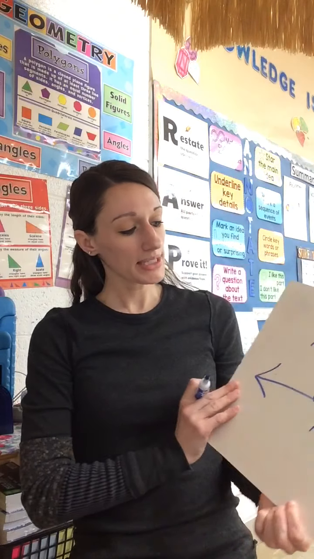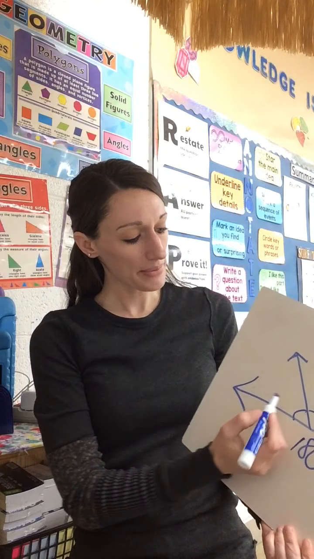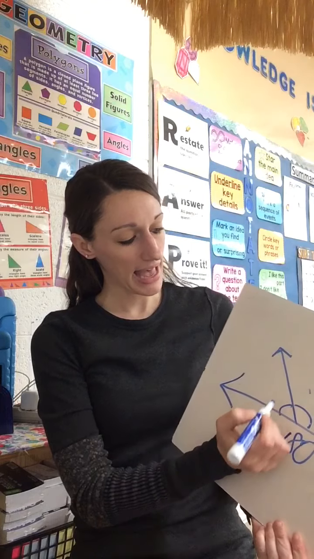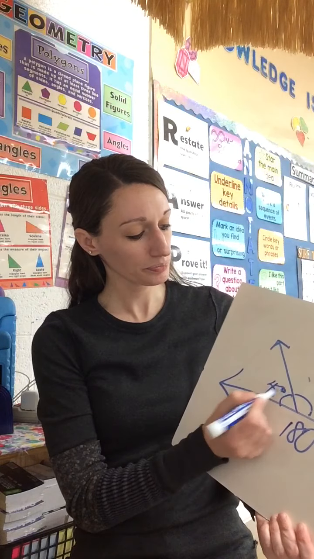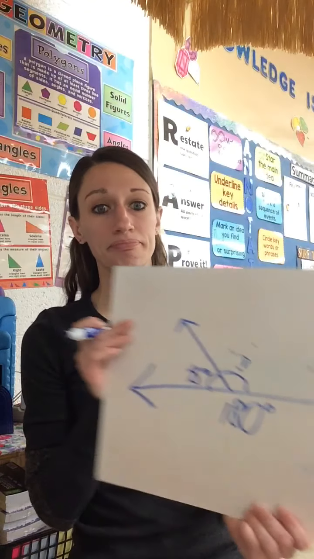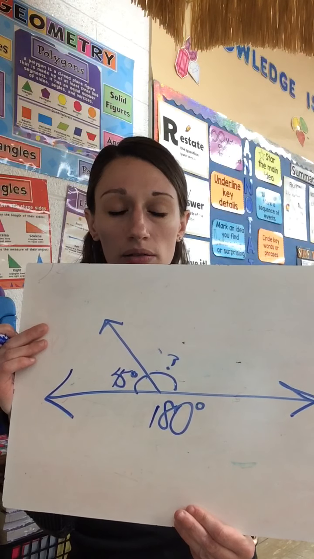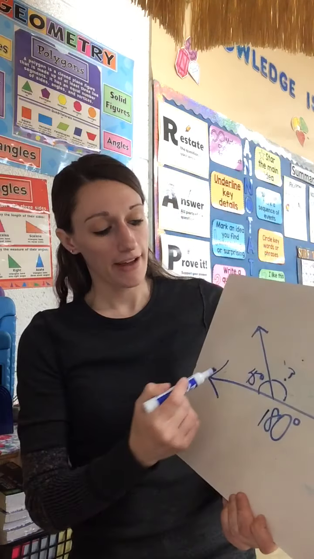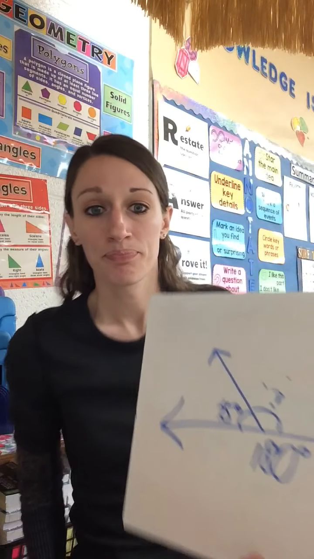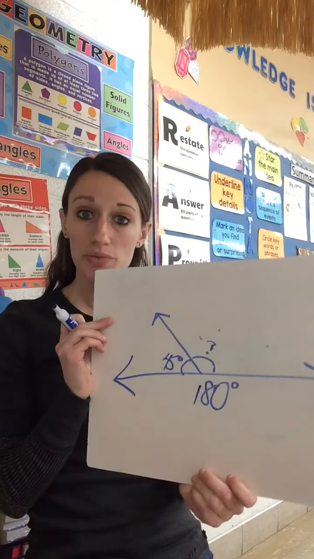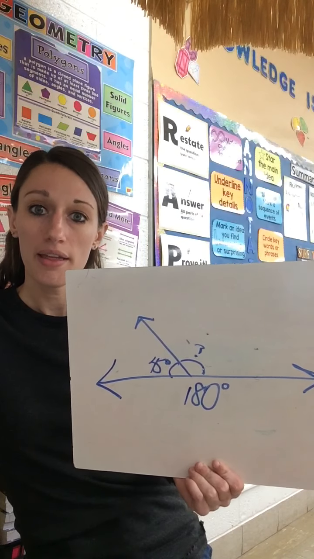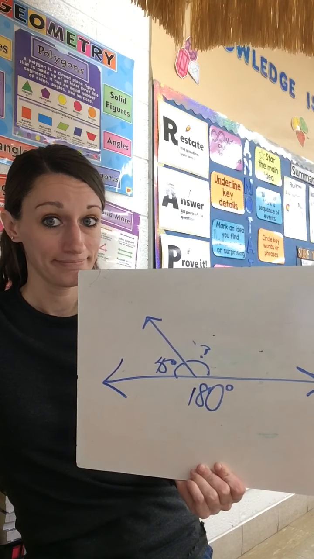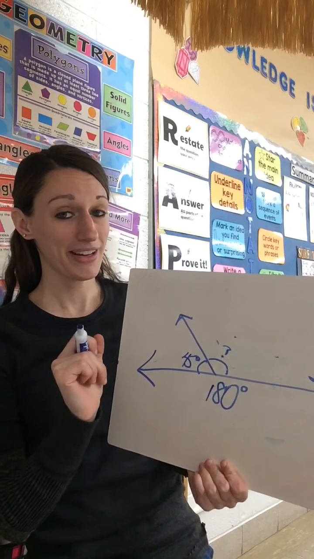Okay, so since this is an acute angle, I would say let's put this at about 45 degrees. And then I say, well, what's the missing angle, right? So if I know the straight line is 180 and the small acute angle is 45, how are you going to find the missing? Think about it.